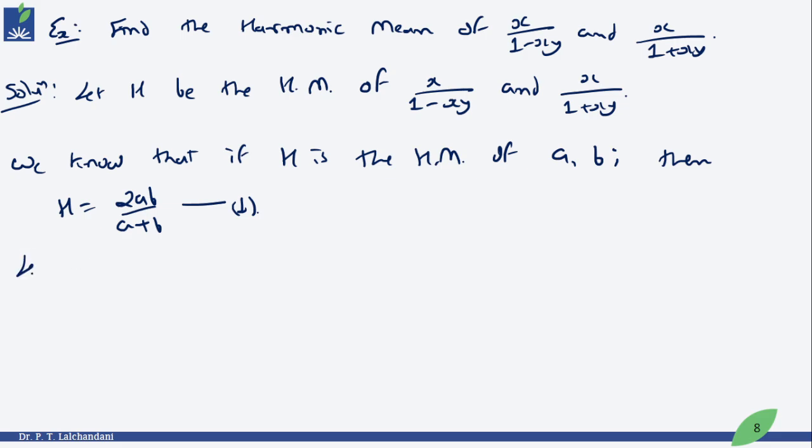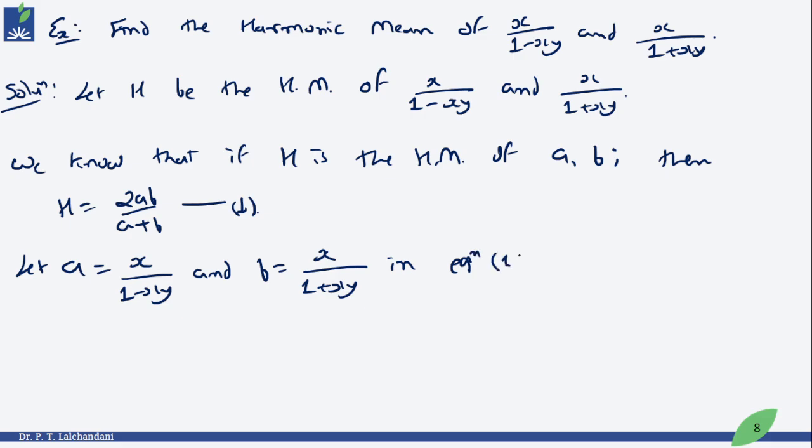So now what we'll do, we'll consider a equal to x upon 1 minus xy and b equal to x upon 1 plus xy in equation 1. Okay, we are asked to find the harmonic mean of x upon 1 minus xy and x upon 1 plus xy. So we'll put a equal to x upon 1 minus xy and b equal to x upon 1 plus xy in equation 1.